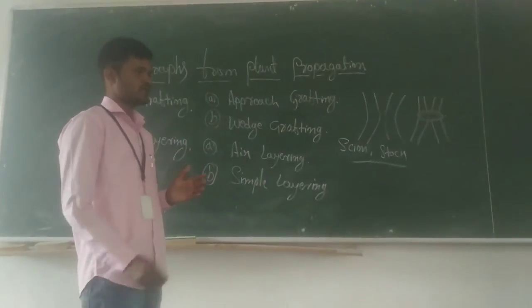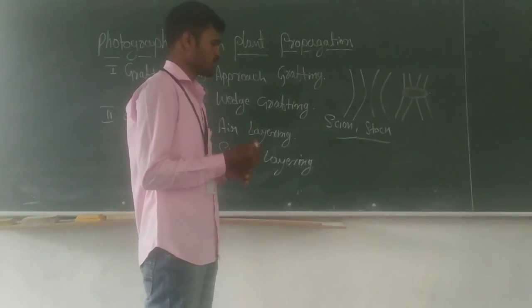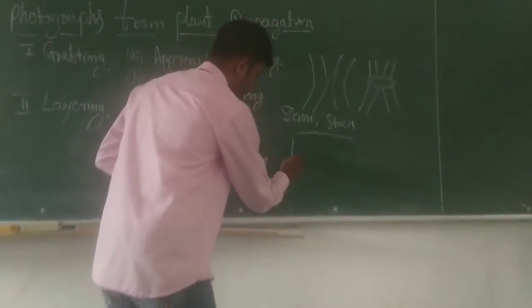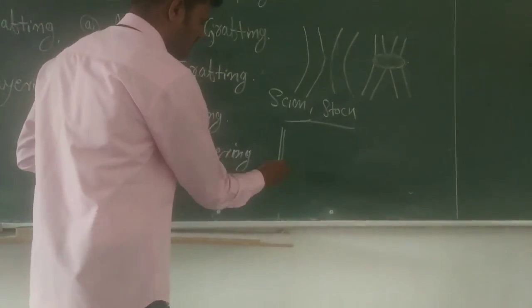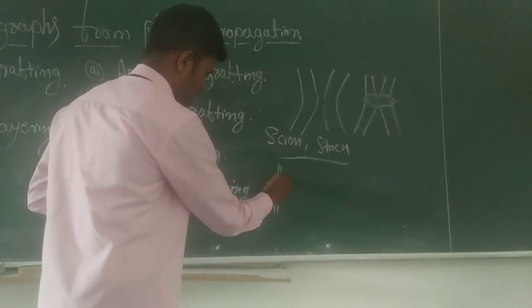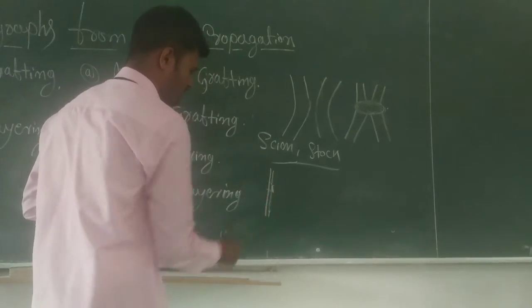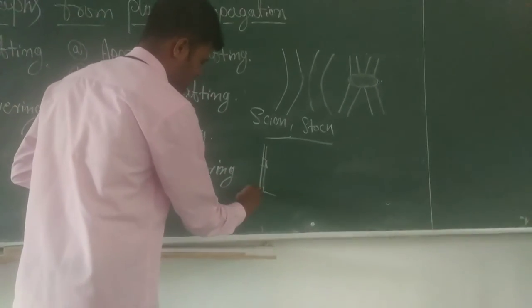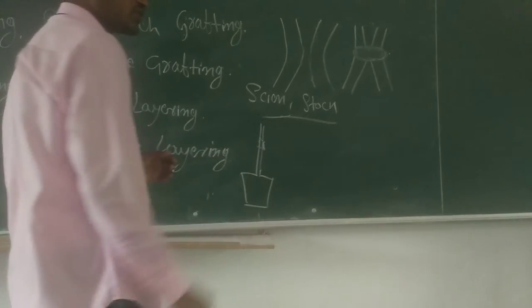In the air layering method, take a potted plant. In this potted plant, remove the bark surface, that is, remove the outer bark surface using a sharp blade.